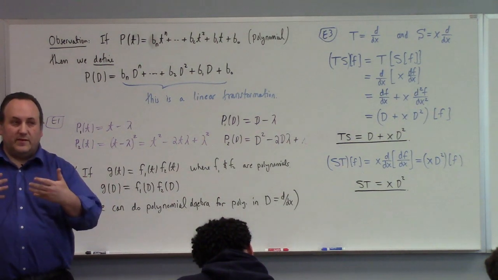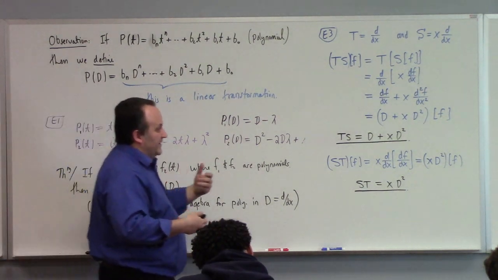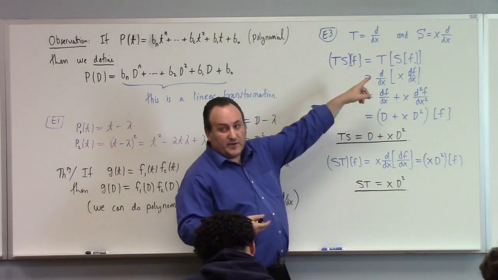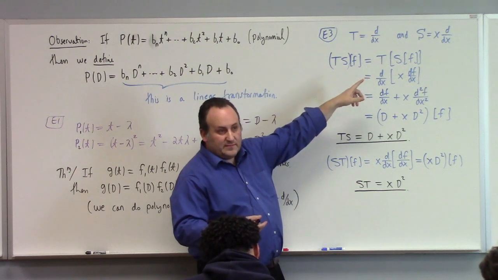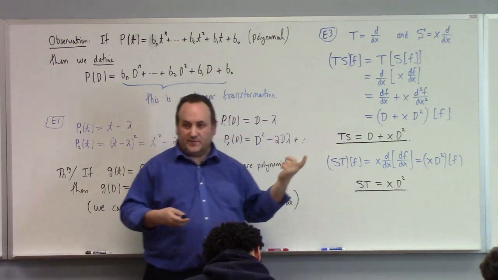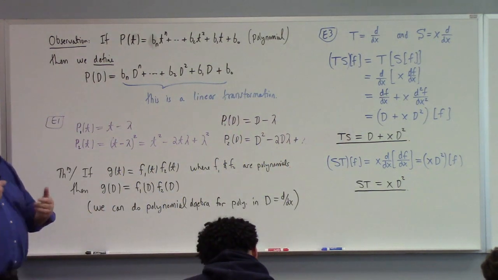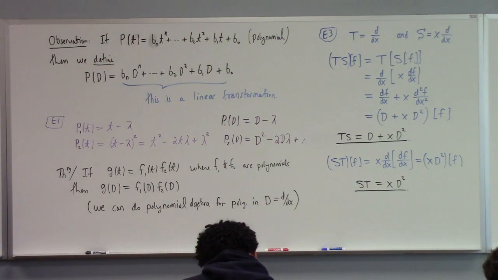When you're not dealing with a polynomial of an operator, as we're not here, like S is not a polynomial in the differentiation operator, the order matters. I can't just commute operators. However, I can commute polynomials in the differentiation operator.